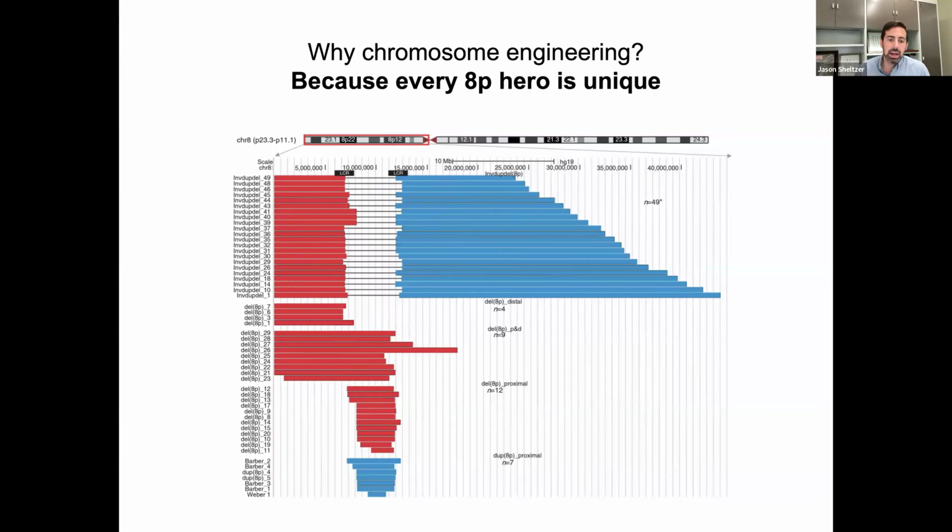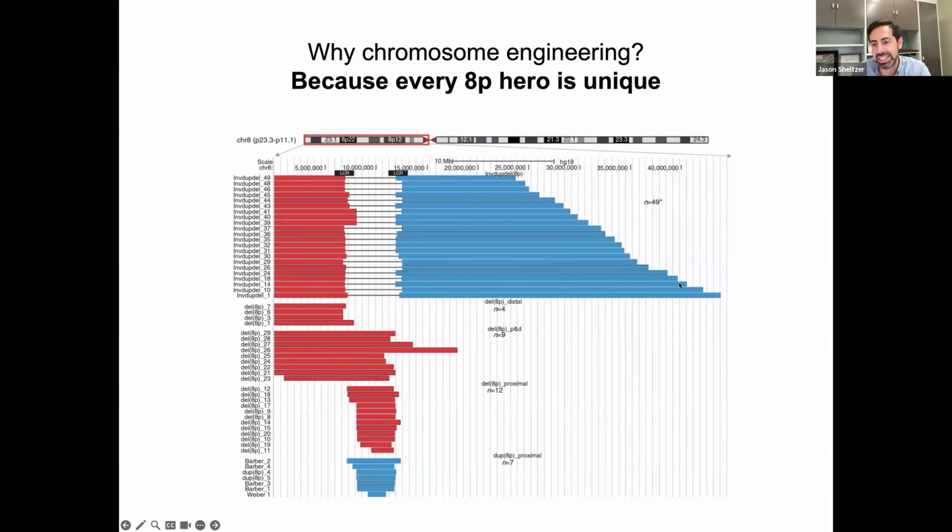And one thing that I think we can very well appreciate is that no two 8p heroes basically are identical, that the span of the duplication and deletion are different throughout this population. And so I think what that means is that an approach looking at this syndrome from the chromosome region may be more broader and applicable to more affected individuals than a single gene approach.